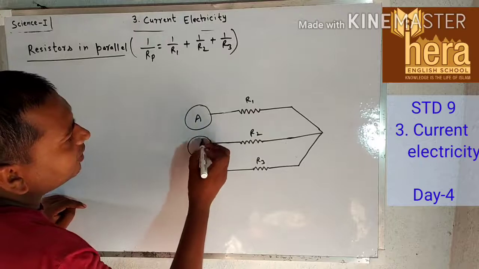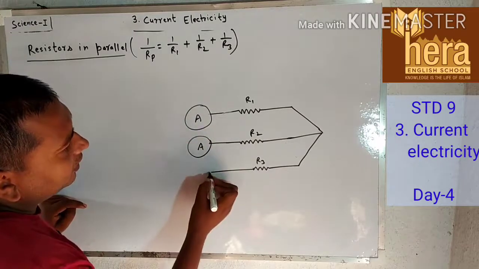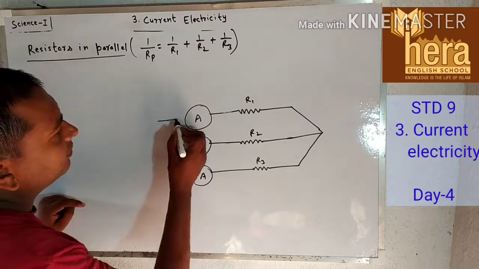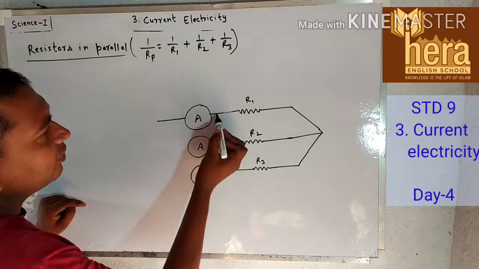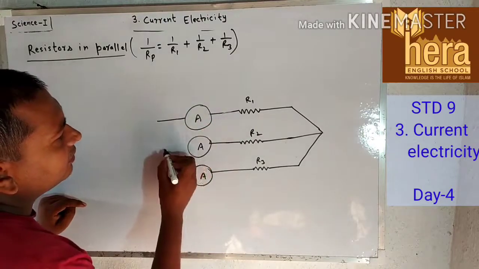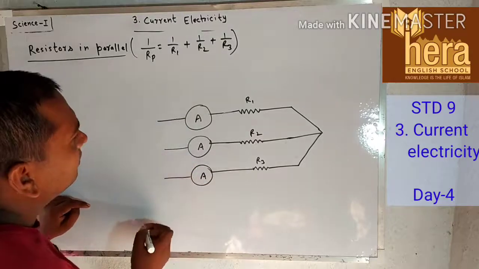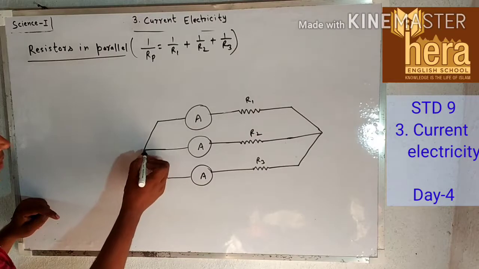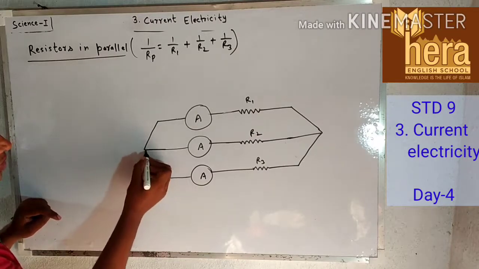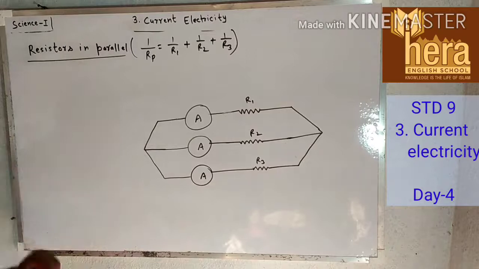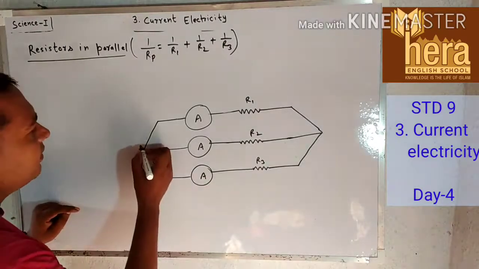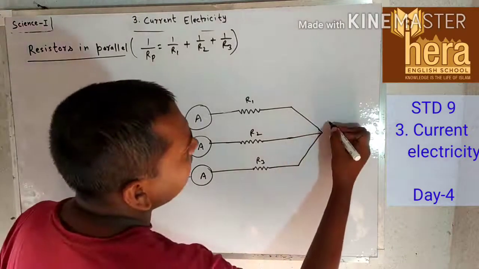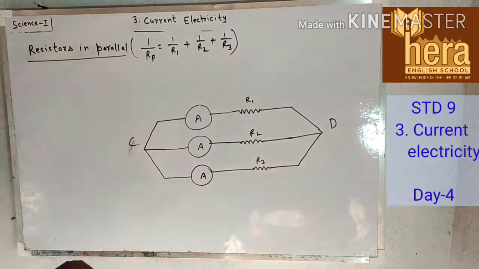Here is one more ammeter, and in this branch also I have placed an ammeter. An ammeter has two terminals, one on this side and another on this side, and all these branches will be connected from a common point. Say this is point C, and this is point D. Okay.